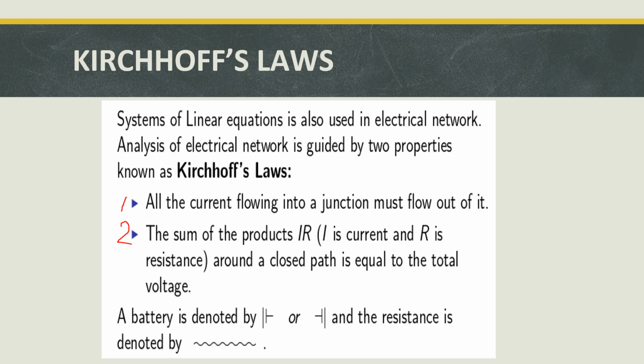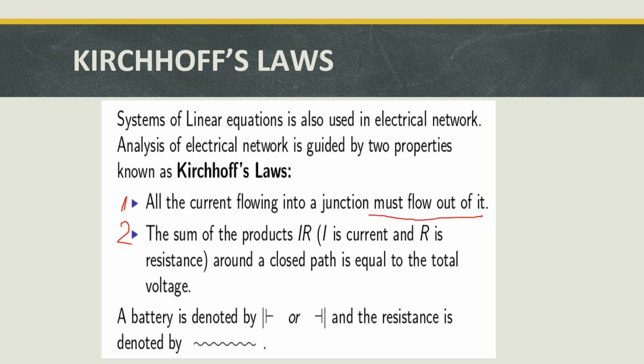Systems of linear equations is also used in electrical network. Analysis of electrical network is guided by two properties known as Kirchhoff's laws. The first property is all the current flowing into a junction must flow out of it.